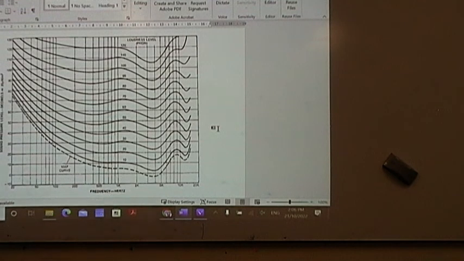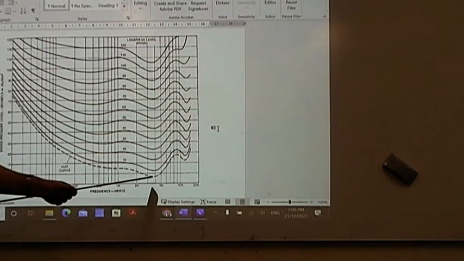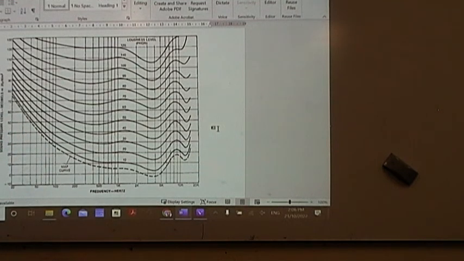This type of graph is called a logarithmic scale. If you look, we have the most sensitive hearing between 3 and 4 kilohertz, around 3.5 kilohertz.